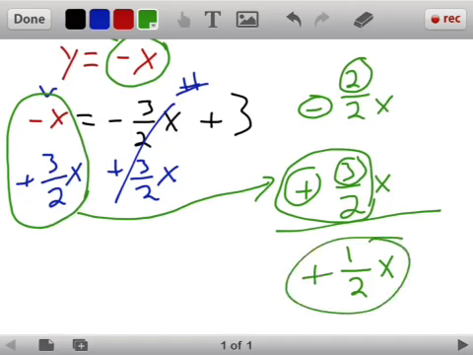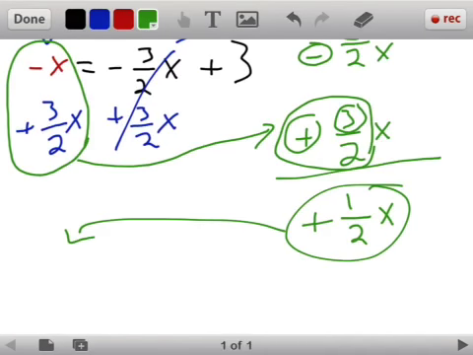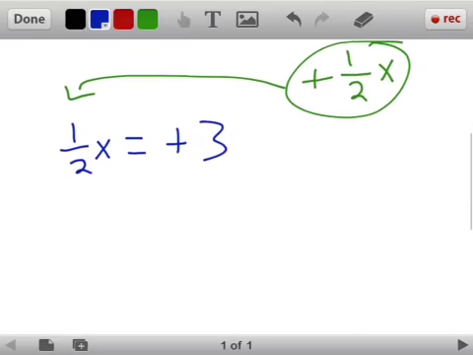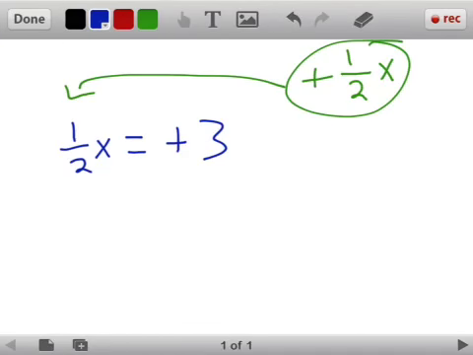So now I'm going to come back to my equation and let's write it out so we can see what this thing looks like. So I have a positive 1/2 x equals positive 3.